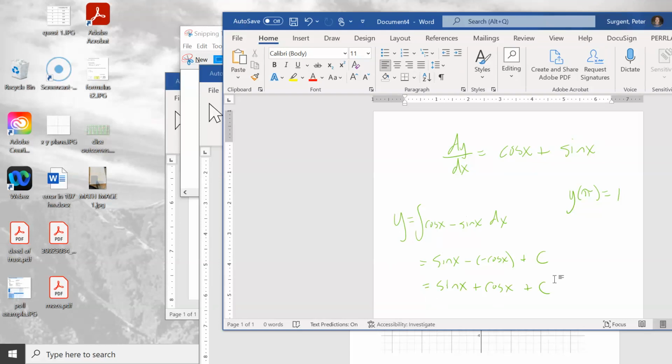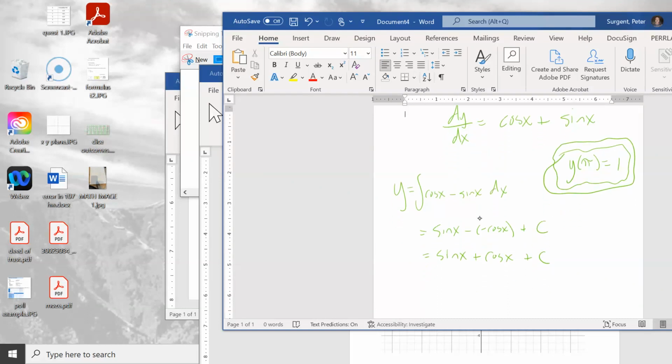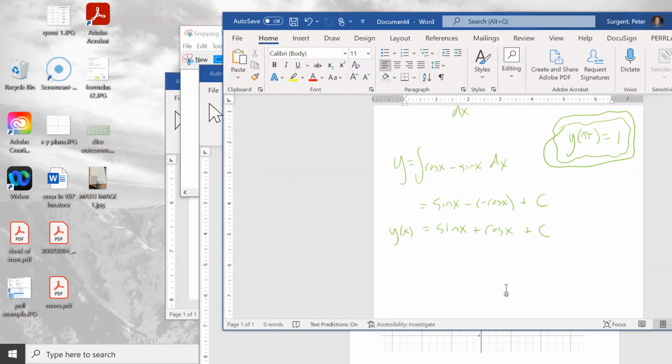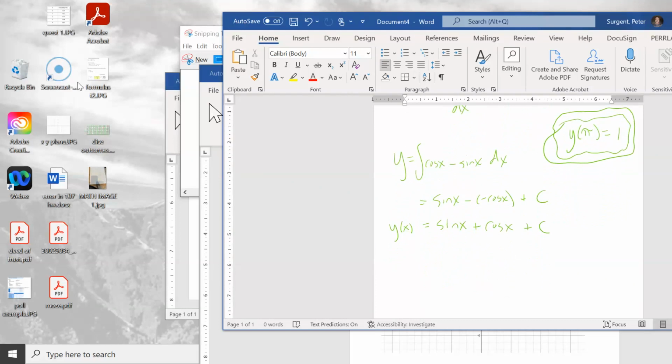Gabby, you know what to do next? We got the antiderivative. We got a plus C. How are we going to use this information here? I think we plug that one into y of x.